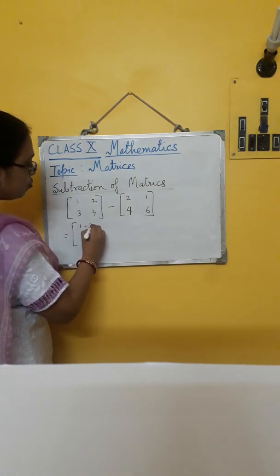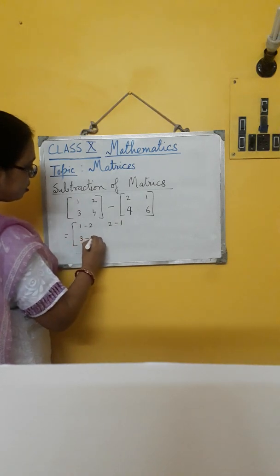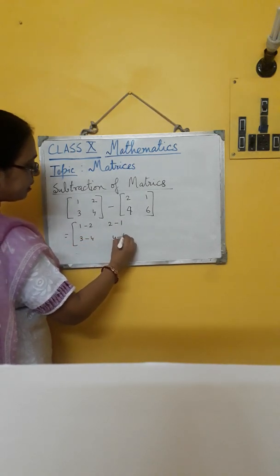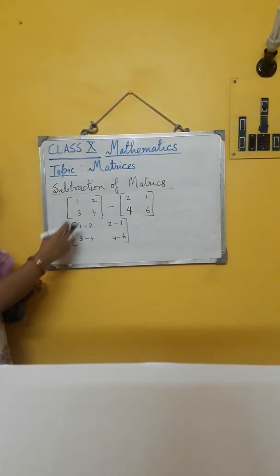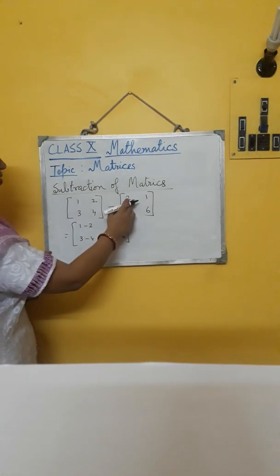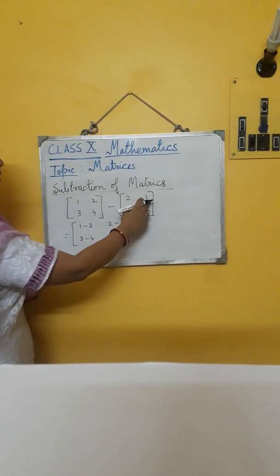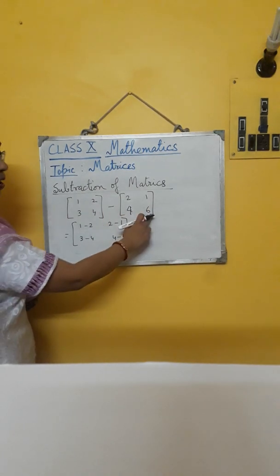So what we are having: 1 minus 2, 2 minus 1, 3 minus 4, 4 minus 6. Corresponding elements are subtracted: the first one minus the first one, second minus the second, third minus the third, fourth minus the fourth.